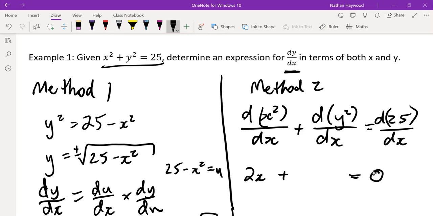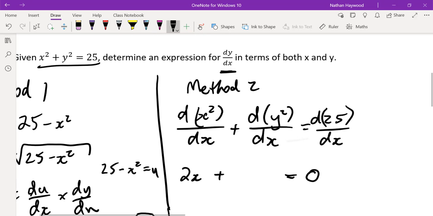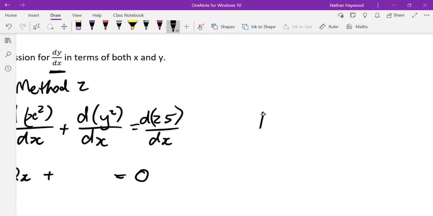Now we have the rate of change of y squared. Again, this is where we can use the chain rule. Correct. So let's let u equal y squared.